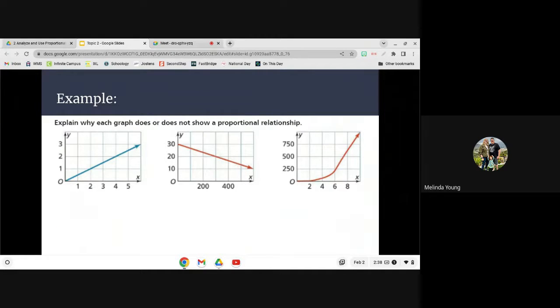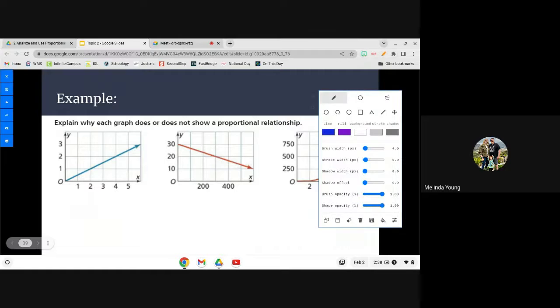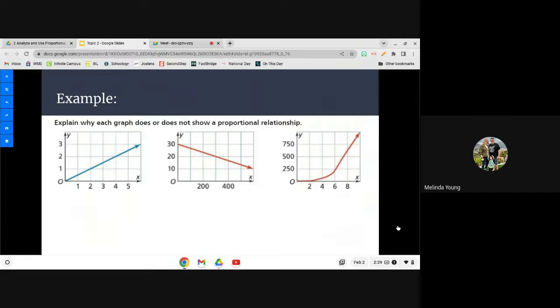So right away when I look at this, does this first one show a proportional relationship? Yes or no? Yes, it does. All right. I'm trying to move this real quick. So, yes.